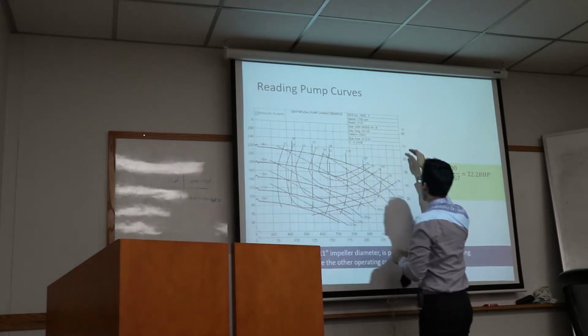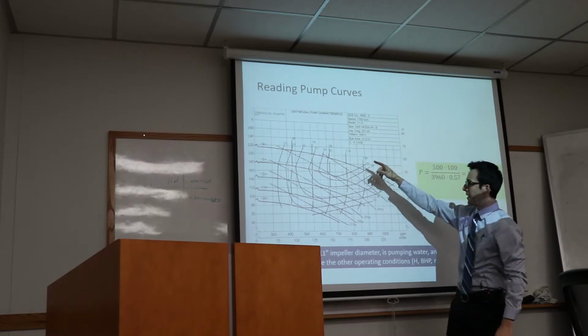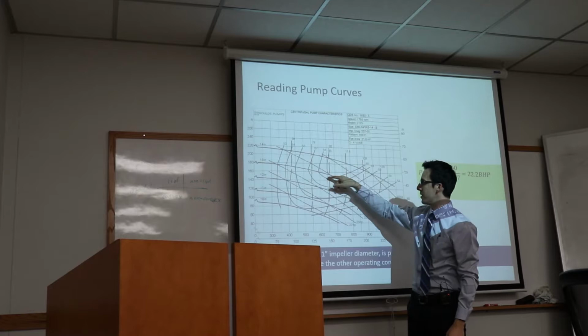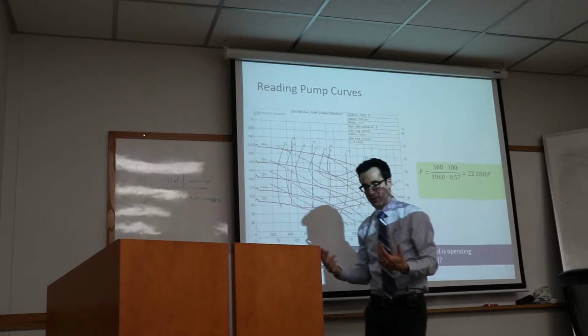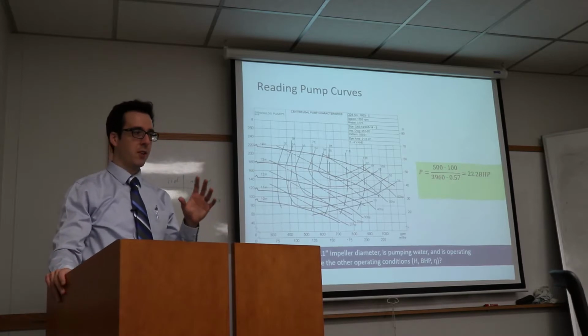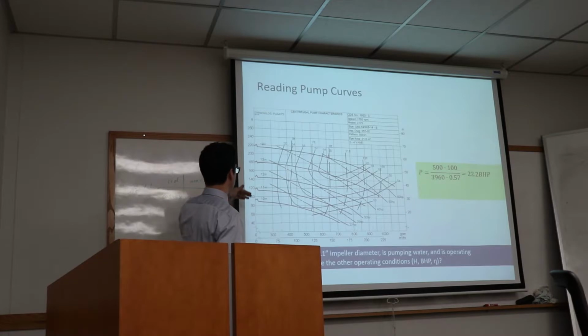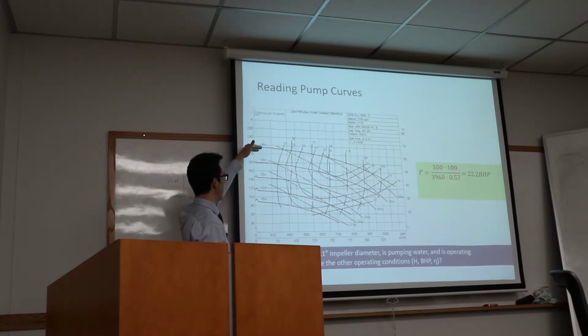On the other axis is head in meters, and then these curved lines, these kind of U or C-shaped lines, are zones of hydraulic efficiency. And there are particular points on this curve where the pump will run, depending on the impeller size. So here we have a 14-inch impeller, 13, 12, 11, 10-inch impeller.